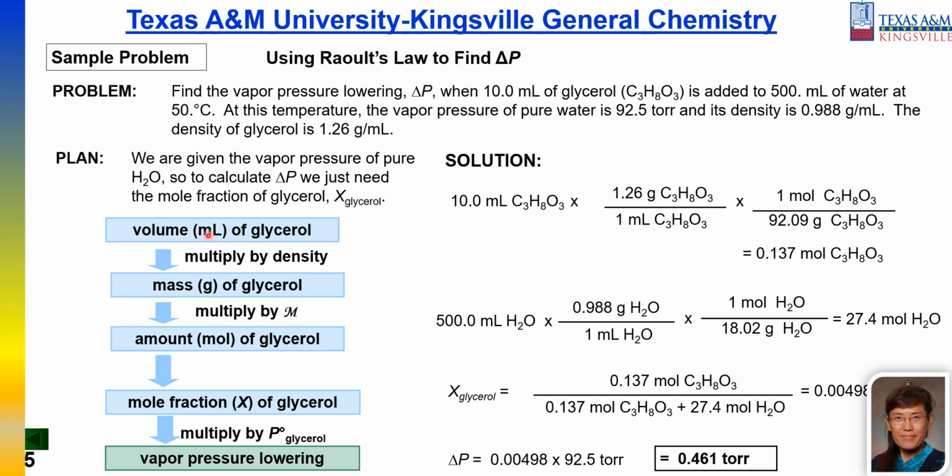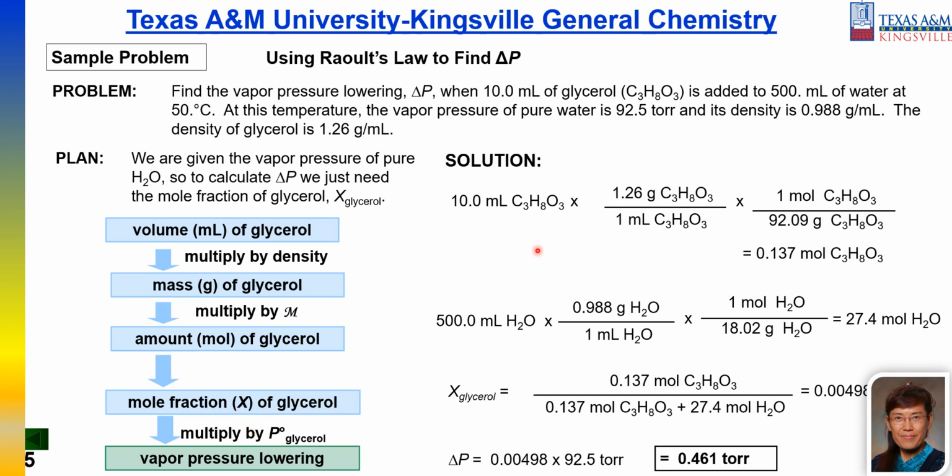You use the volume multiplied by the density of glycerol. Similarly for water. And then you determine the moles using mass divided by molar mass, and similarly the moles of water, and then calculate the mole fraction.